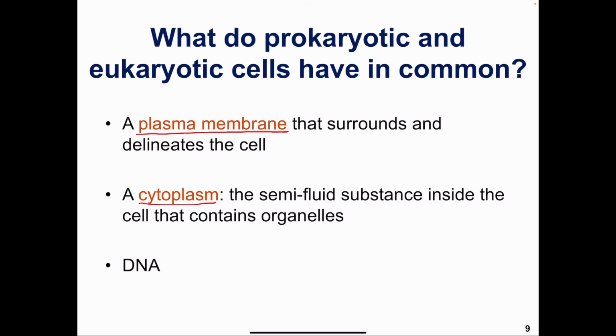The cytoplasm is where everything that is inside of the cell is going to bathe. It's a semi-fluid substance in which organelles are going to be found. And then we are going to have DNA. DNA is the molecule that houses the genetic information that causes the cell to exist.